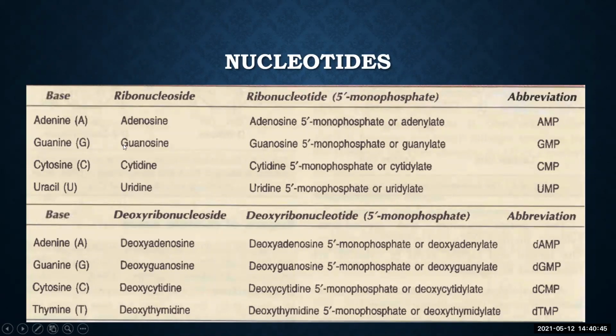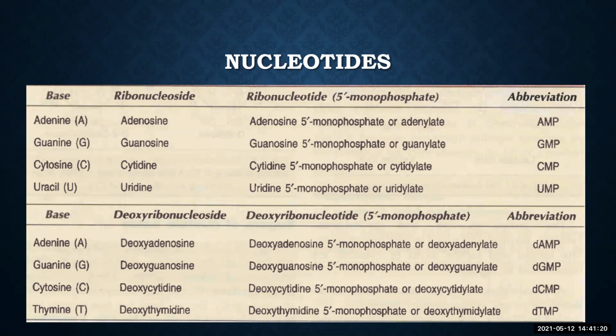If the suffix of sine is added, adenine becomes adenosine. And for the nucleotide name, only one phosphate is present, binding at the 5th position. So when the base is adenine and the sugar is ribose sugar, the name of the ribonucleotide will be adenosine monophosphate. Let me repeat again.